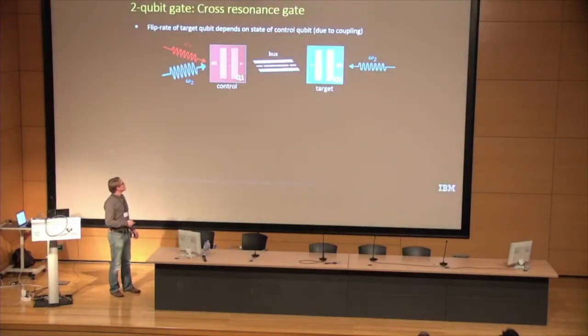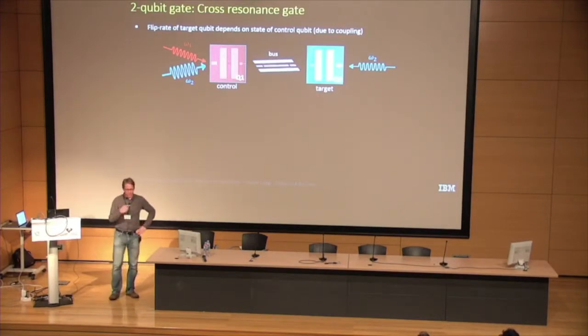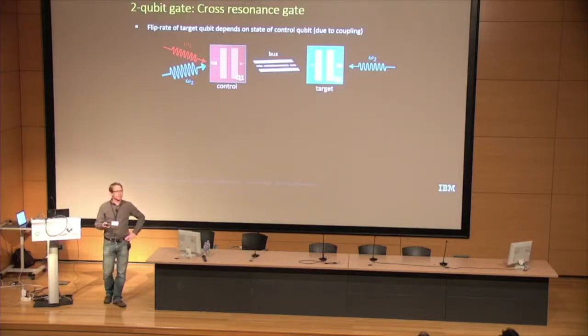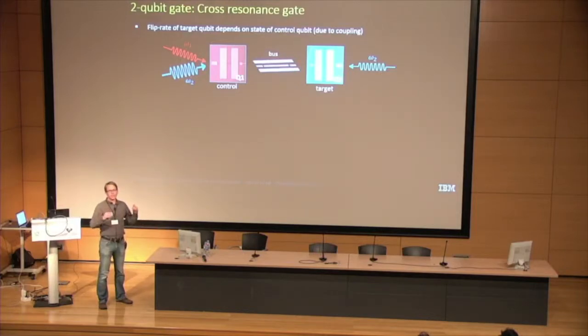For the 2-qubit gates, and I forgot to mention it, what we are using is fixed frequency transmons. Fixed frequency transmon qubits have the advantage that they are fixed in frequency. There is no further flux control needed, so that means they are also pretty stable. The disadvantage is we cannot activate 2-qubit gates easily.